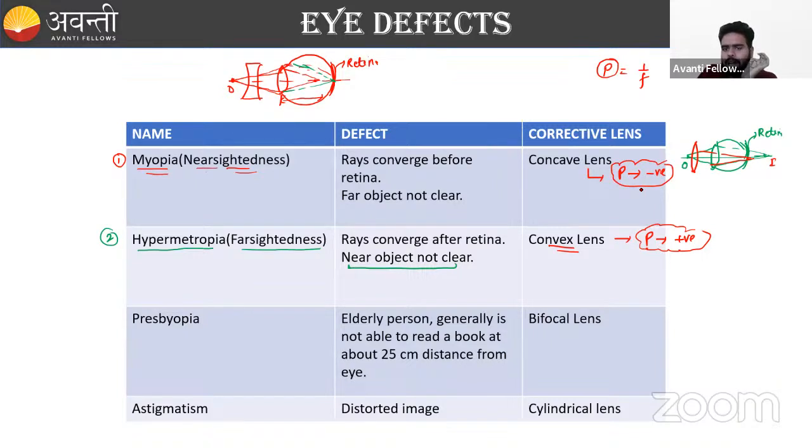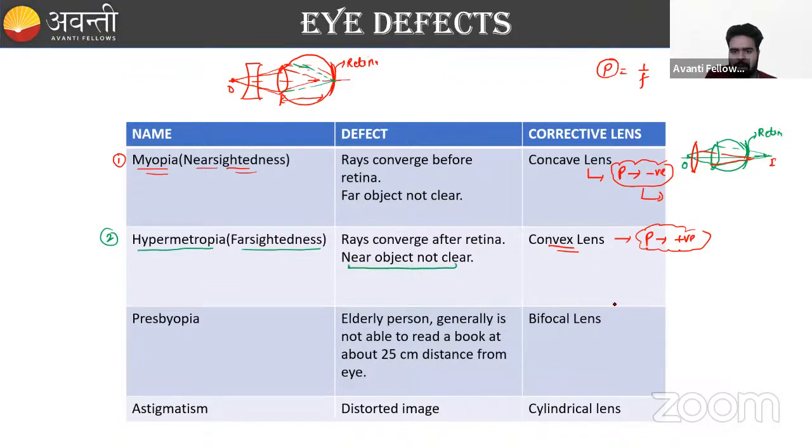If a person has myopia, the concave lens is used to correct it, and in the case of hypermetropia, the remedy is a convex lens.